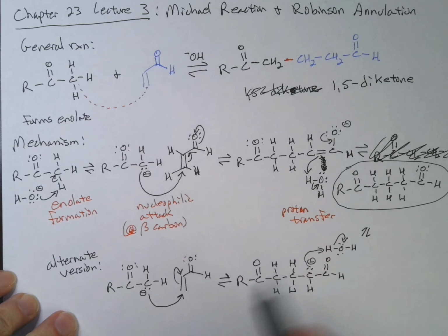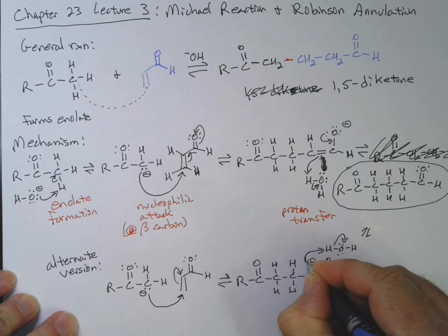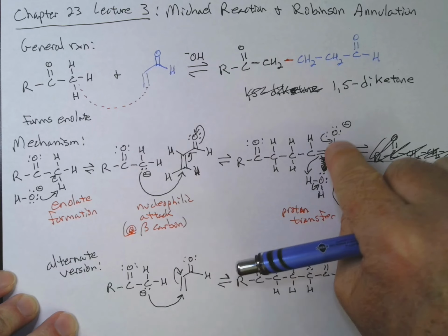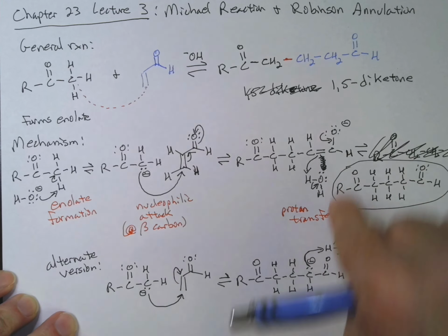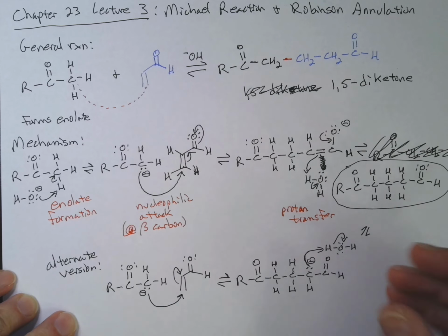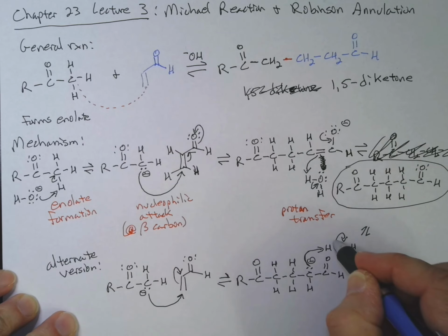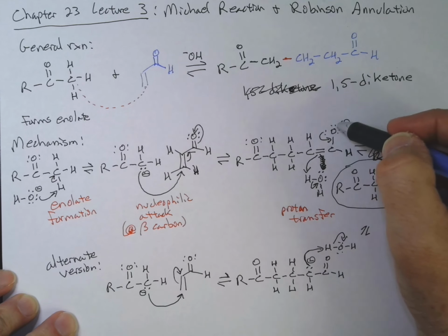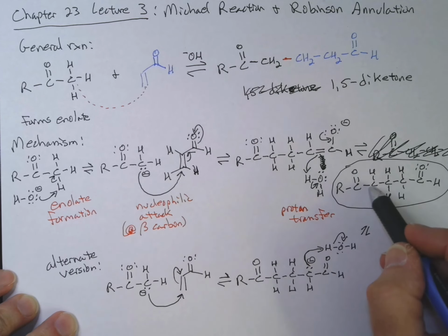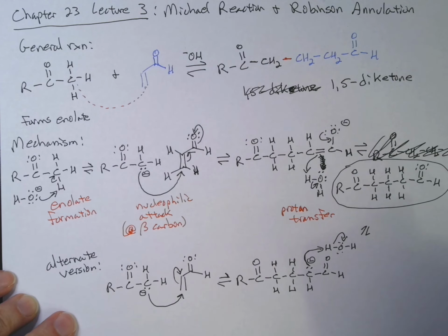And if you want to draw it a little more directly like this, remember, this version of the enolate is one of the resonance structures. So when you actually get to this step, this and that are resonance structures. Technically you should probably draw both of them, but the key here is that when you do the final proton transfer, it's not the oxygen that gets protonated, but rather the alpha carbon that gets protonated to give the 1,5 diketone.